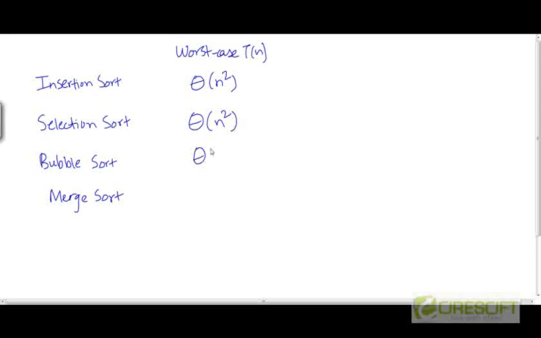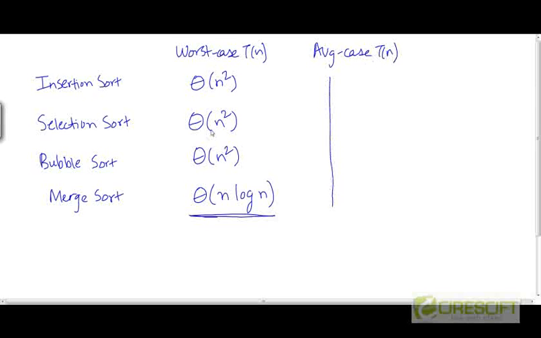The worst case time complexity of all three was theta of n squared. The fourth algorithm is a divide and conquer based algorithm, a recursive algorithm, and you can see that the time complexity here is theta of n log n. Likewise, the average case time complexity is basically the same as the worst case: theta of n squared for the first three algorithms and theta of n log n for merge sort.